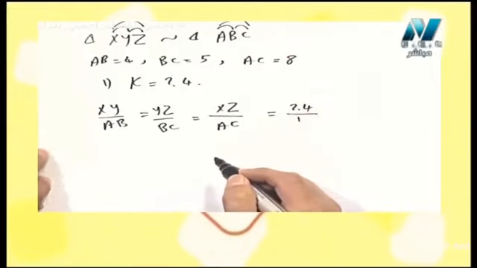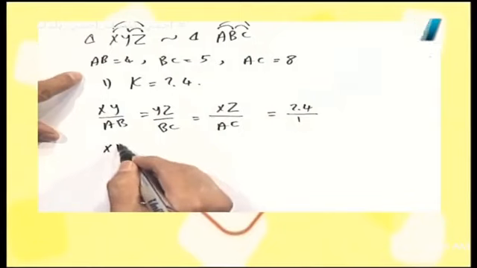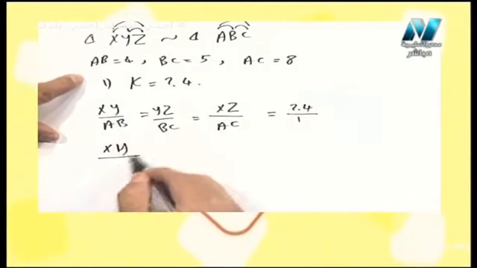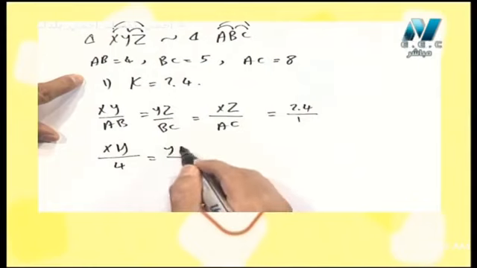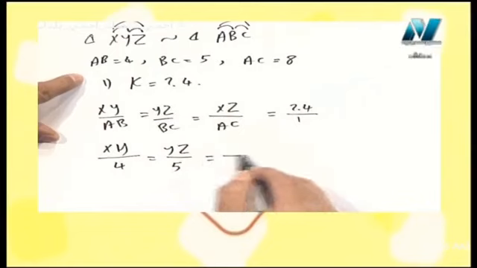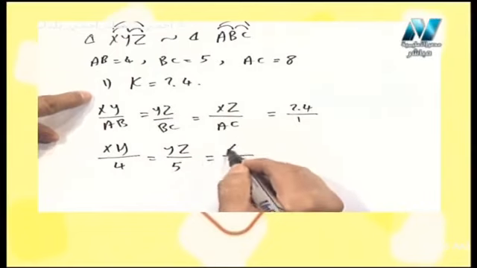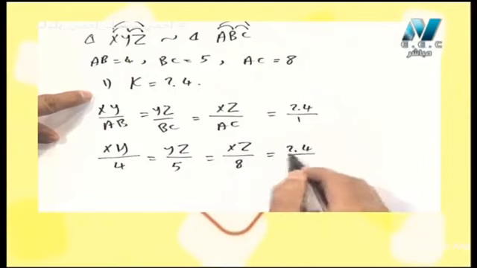And we have AB equal 4, so XY over 4 equals YZ over BC, which is 5, equals XZ over 8 equals 2.4 over 1.